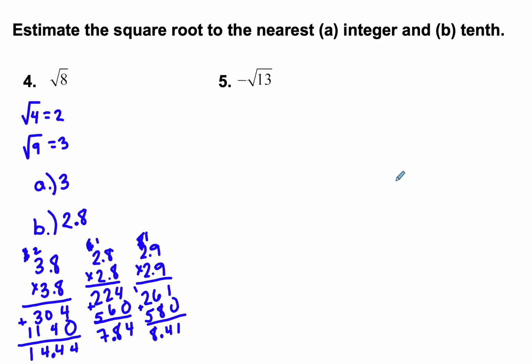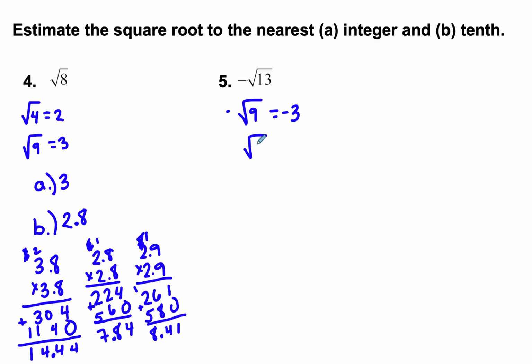All right, let's take a look at number 5, square root of negative 13. Again, I'm looking for those perfect squares to use as some guidance. So let's see, I know the negative value of the square root of 9 is going to be negative 3.